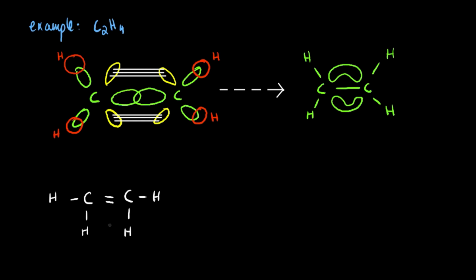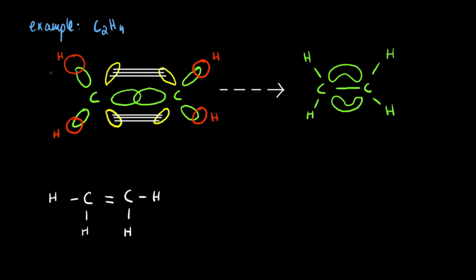We have two carbons bonded to each other by a double bond, and we have two hydrogens bonded to each of the carbons. Now the structure that I've drawn for ethene looks sort of complex, but once we analyze it, it'll become easier. So again, I have color coded each of the types of bonds, so that'll make it easier.